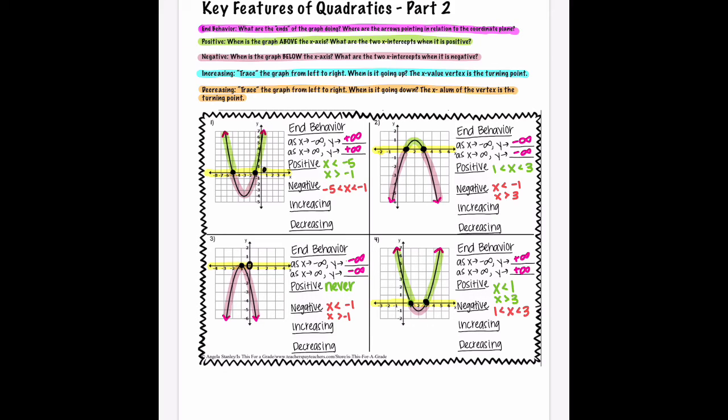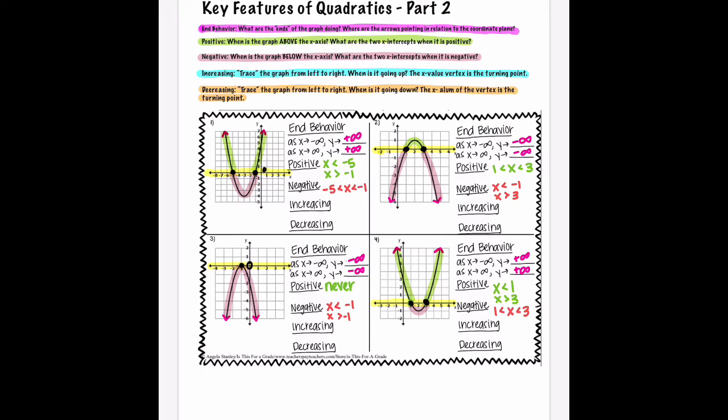All right, so for increasing, we're going to look at number 1, and we're just going to trace from left to right, okay? And I want you to think about this as we're doing it. From the left part of the graph, I'm tracing and my pencil's going down until I get here at the vertex. So from here, we're going down, and then it turns and starts to go back up.